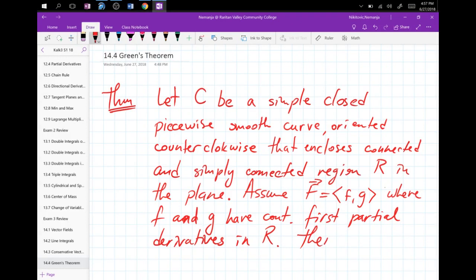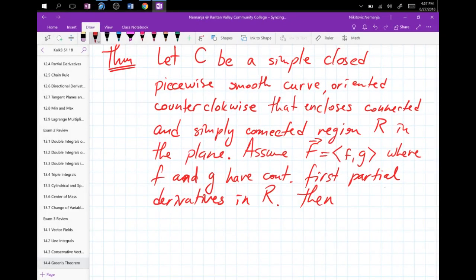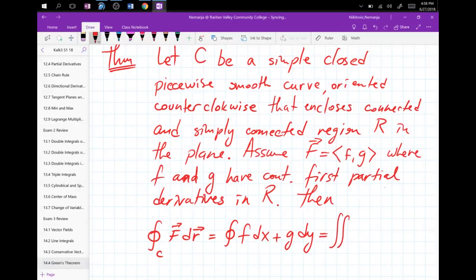Then, and here's the crazy statement, the line integral with a circle around the integration symbol of F dot dr, which is the integral with a circle, I'll explain that soon, of F dx plus G dy, is equal to the double integral over the region R of partial G partial x minus partial F partial y dA.